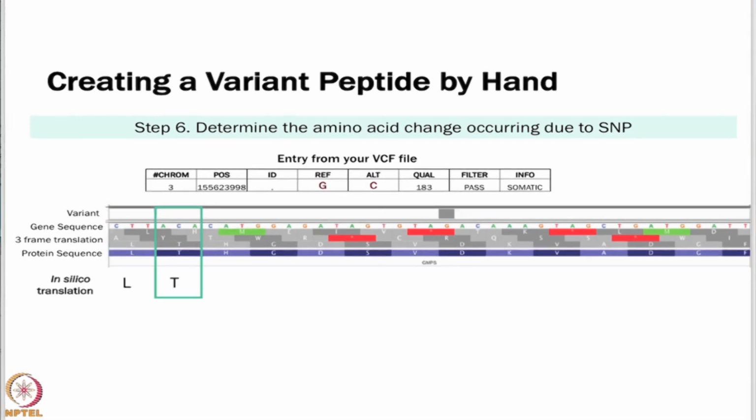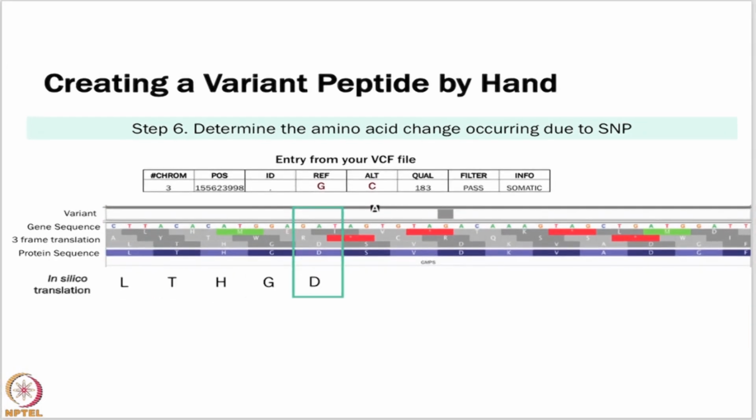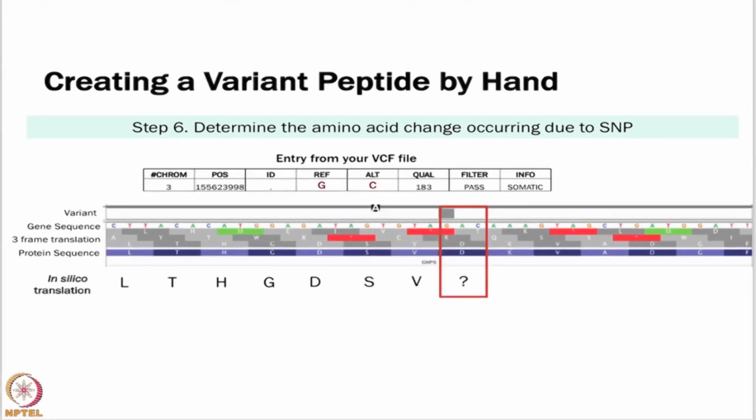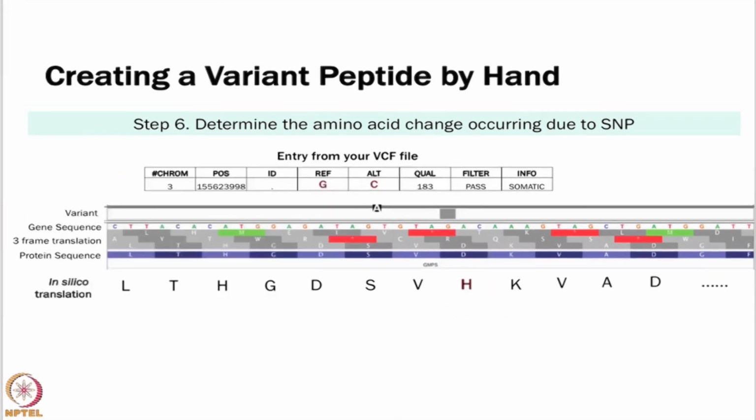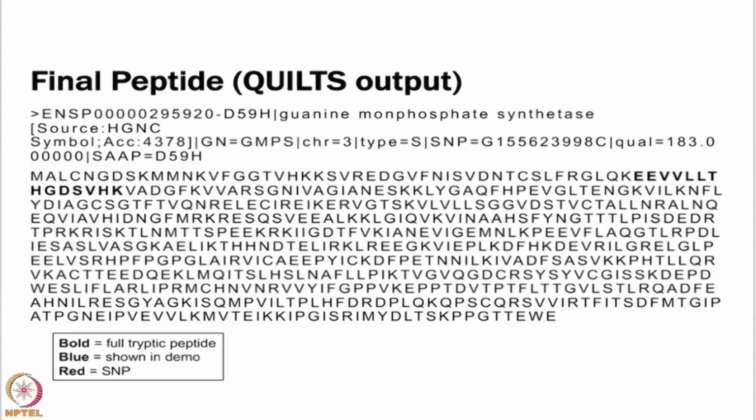So it's L, T, H, G, D, S, V, and then we get to the variant, and we have to figure out what it is. Now we know that it was a GAC, and now it's a CAC, and you can go up to your handy codon translations and figure out that it was a D and now it's an H. So now you can add that in, and you have your in silico translation of your SNP at the protein level.